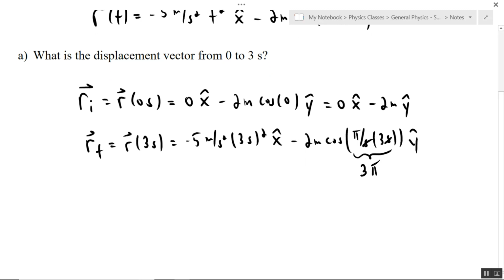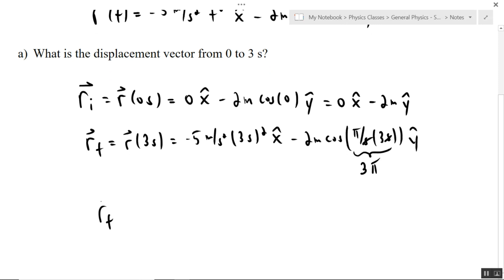Plus 2, right? Okay, so that means the final position vector is minus, so I'll show you how the units work out. So it's minus 45 because it's 9 times 5. But it's meters per second squared. When you square the 3 seconds, you're squaring 3, which is 9, and the seconds, so you get seconds squared. The second squared cancels out because you get meters per second squared times second squared, which gives you just meters.